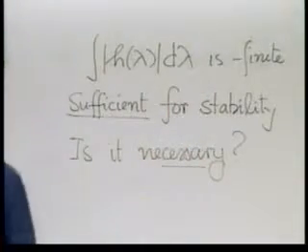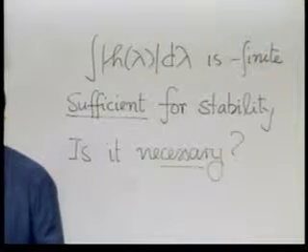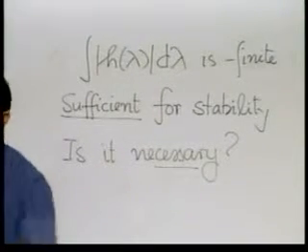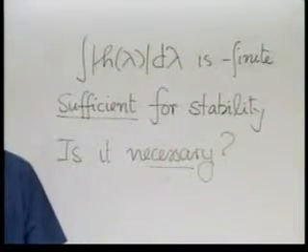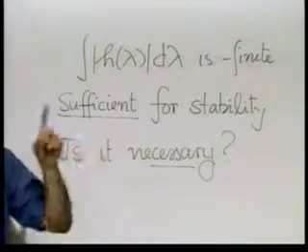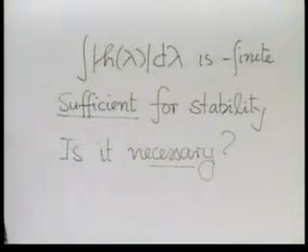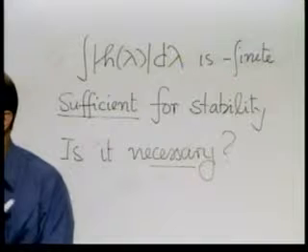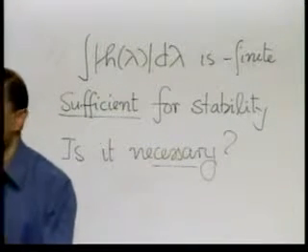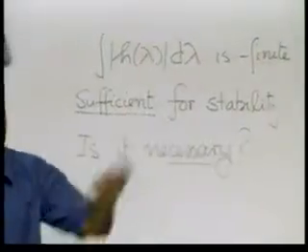In other words, can I come out, as I said, with a nasty input, with a troublesome input, which can force the system to demonstrate its instability unless this is true? Okay, so we'll try and now define a nasty input which would force the system to demonstrate its instability in the absence of this condition.